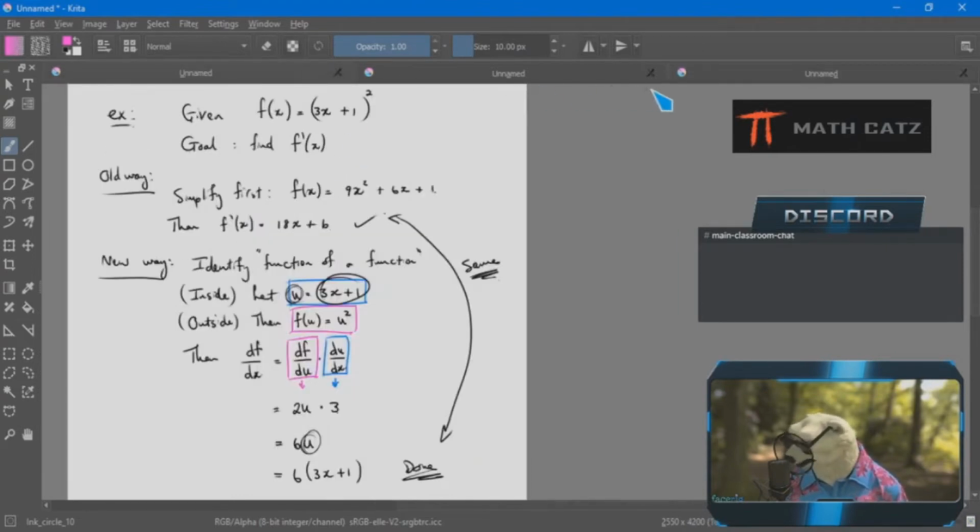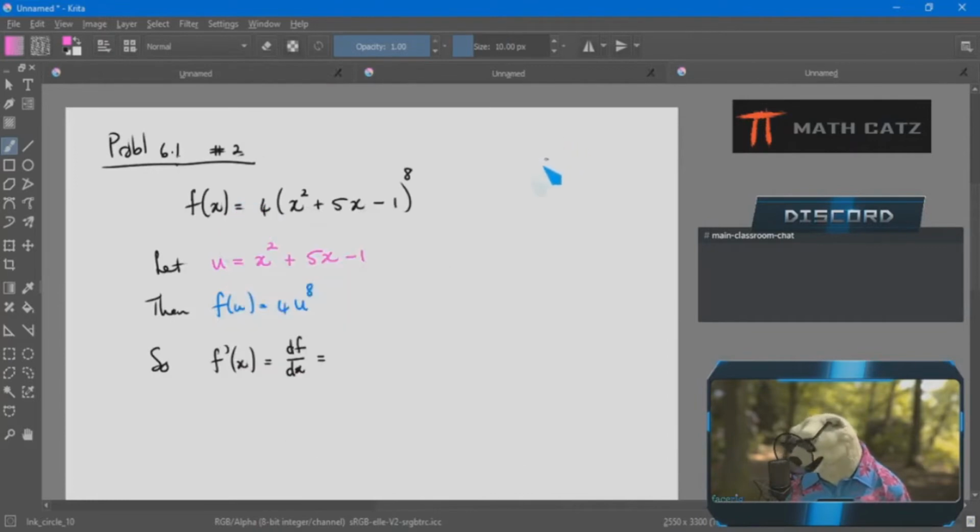Oh, I swapped them, man. Let's go back. My outside function was pink. My inside function was blue. I don't want to confuse people now if they match answers and try to see similarities. I'm sorry. That was a boo-boo.